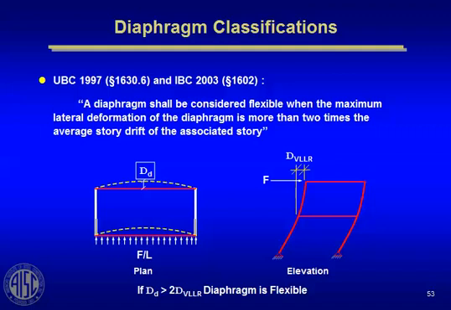Considered flexible when the maximum lateral deformation of the diaphragm, delta sub D, is more than 2 times the average story drift of the associated story. The drift of the associated story in this case would be delta VLLR. So when delta D is 2 or more times delta VLLR, the diaphragm is flexible. That's just sort of an arbitrary definition that the IBC has come up with to differentiate the requirements for rigid diaphragms compared to flexible diaphragms.